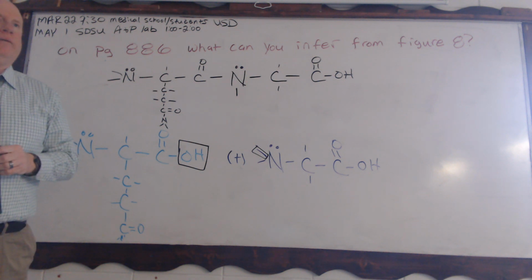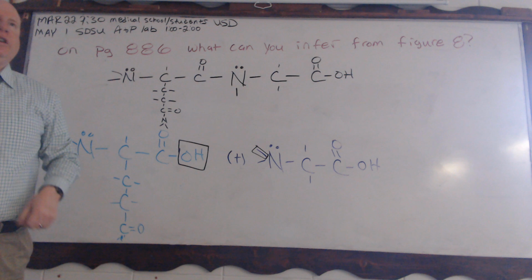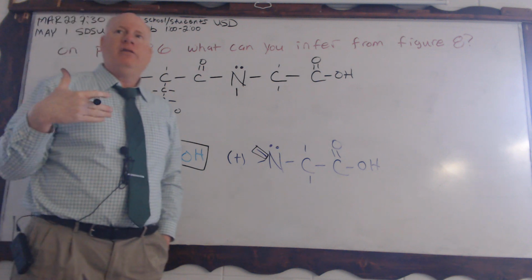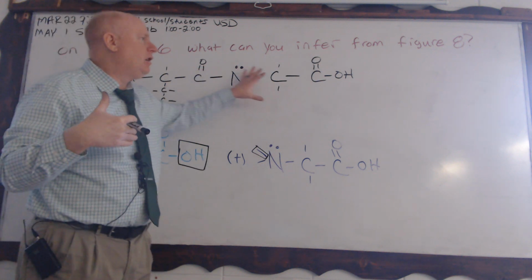Because if we did that, one of the things we would say is draw this 3 amino acid protein, which means maybe it's lysine and asparagine and glutamic acid. Then you just illustrate how that's linked together.